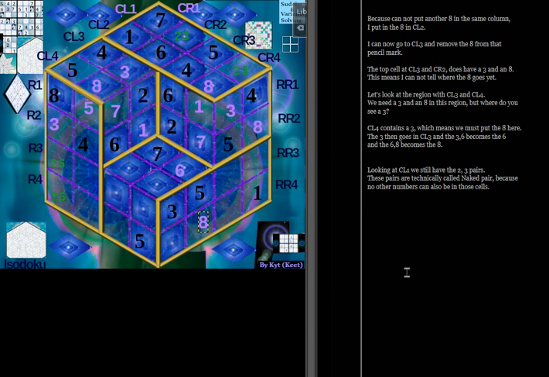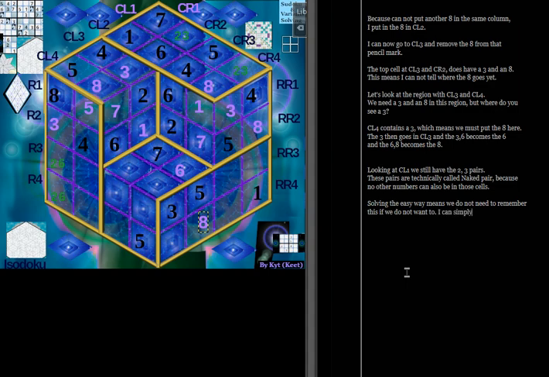But solving the easy way means we do not need to remember this if we do not want to.